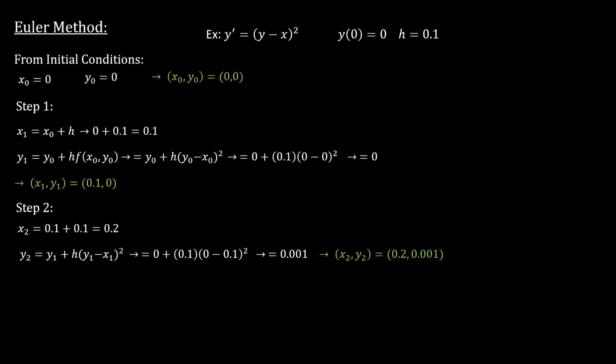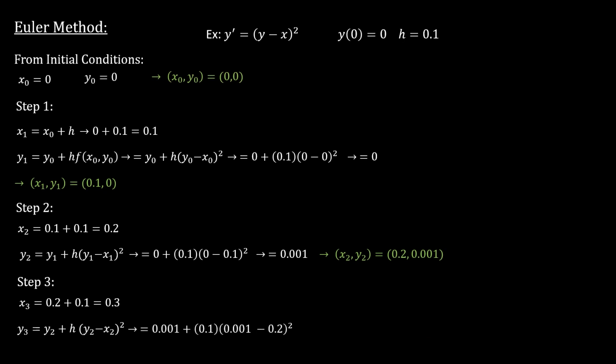All right, so let's do another step. In this one, we have step 3, and x3 is equal to 0.2 plus 0.1 equals 0.3. Y3 is y2 plus h times (y2 minus x2) all squared. Substituting the numbers, you're gonna get y3 as 0.0049601.